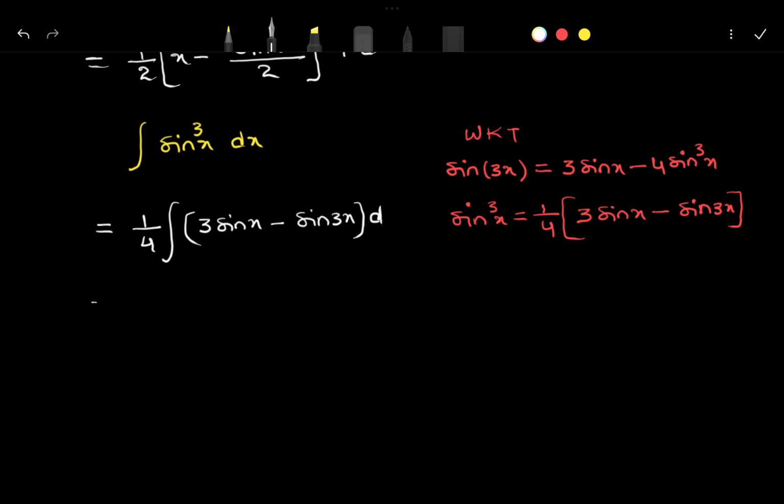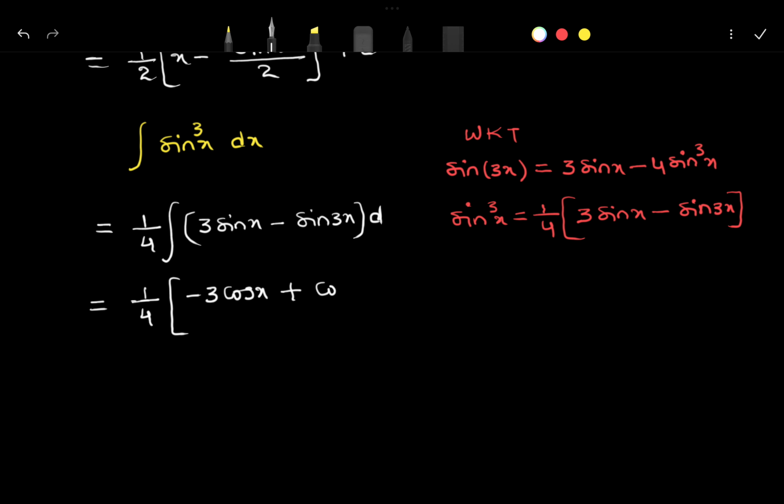Integration of sin x will be equal to minus cos x. So 1 by 4 into this value will be minus 3 into cos x. And the next one, the integration of sin 3x will be minus cos 3x whole divided by 3. Minus into minus is what?